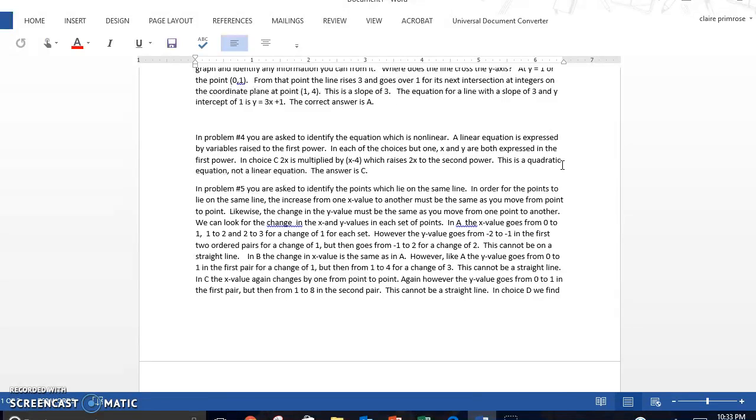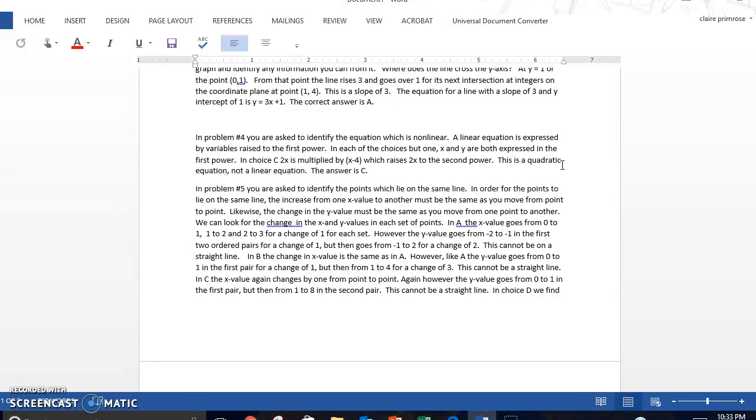In A, the x value goes from 0 to 1, from 1 to 2, and from 2 to 3 for a change of 1 in each set. However, the y value goes from -2 to -1 in the first two ordered pairs for a change of 1, but then goes from -1 to 2 for a change of 3.